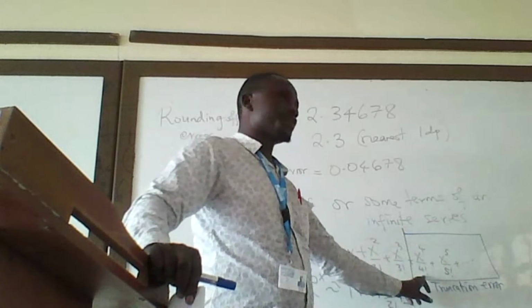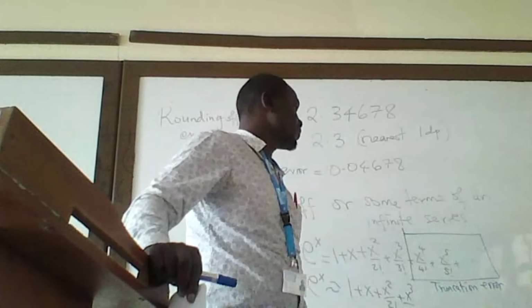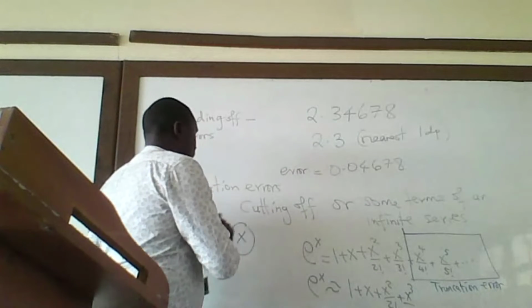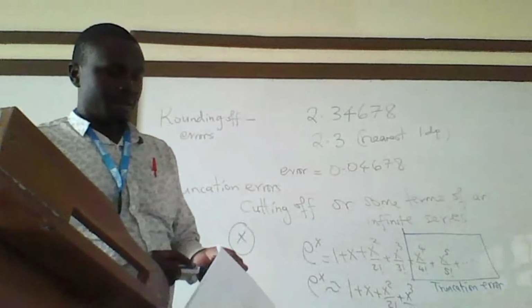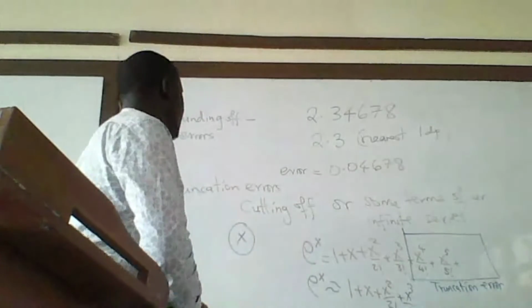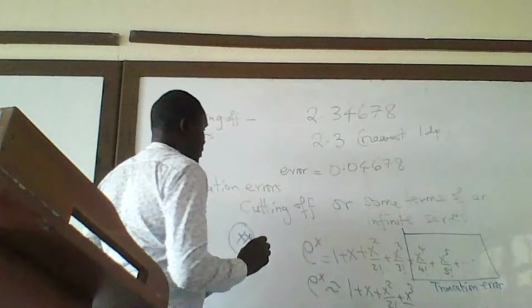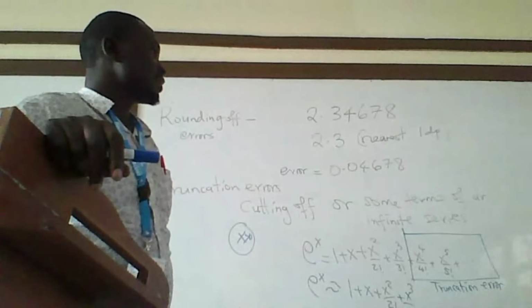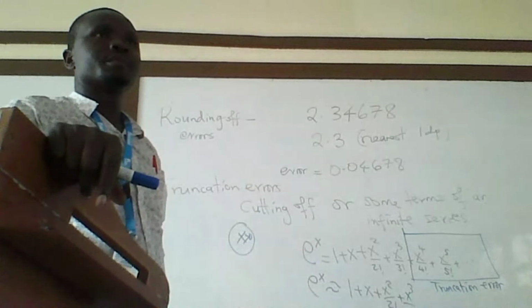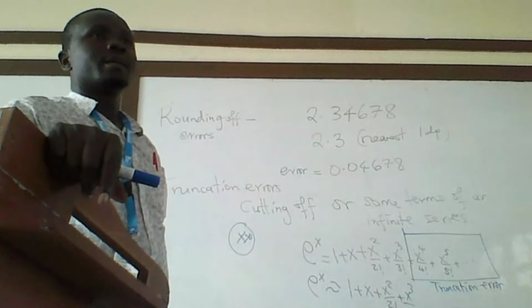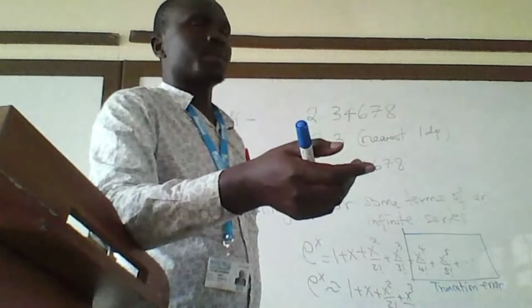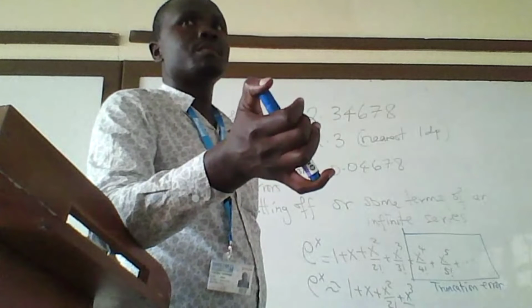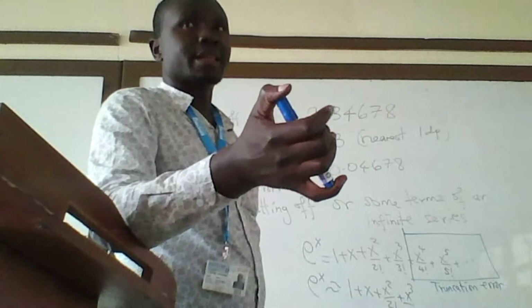If x is a positive value, then which of the two numbers is larger than the other, x power 5 over 5 factorial or x power 4 over 4 factorial?